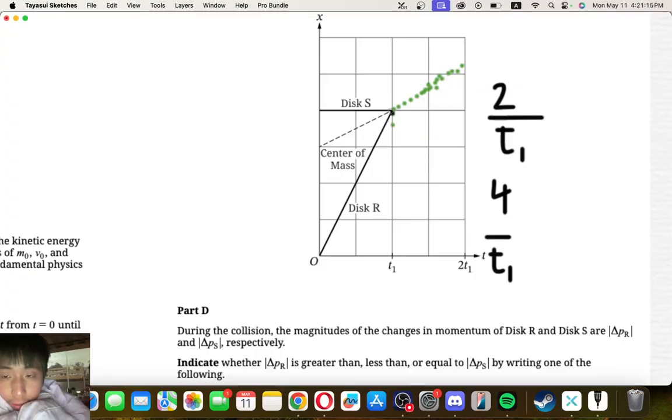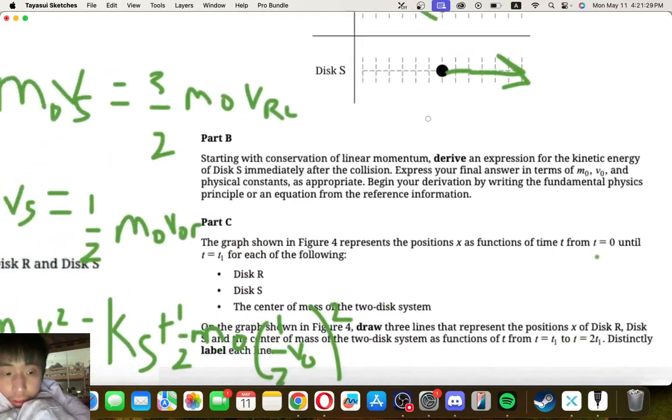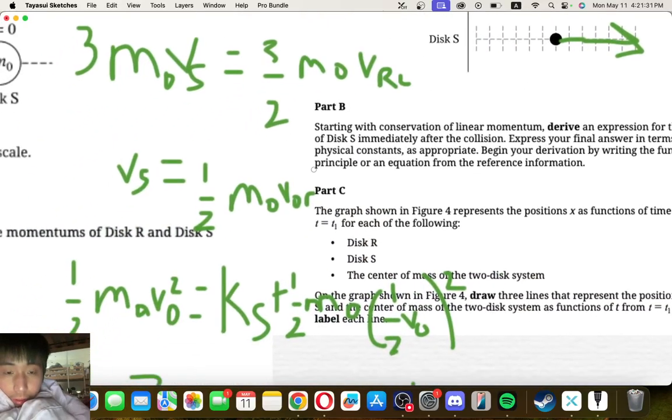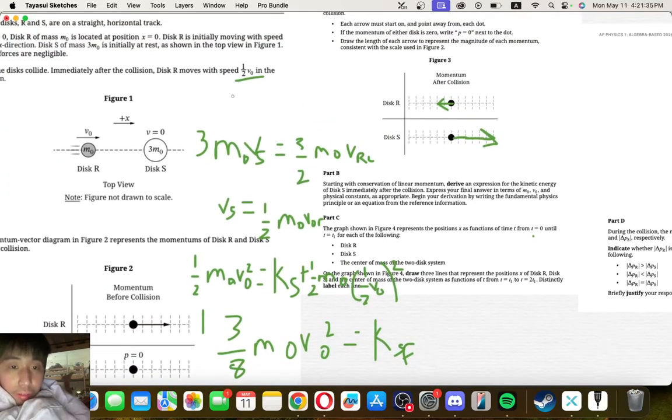Oh, shoot. I can't draw lines anymore. Okay. And we know now that VS, let me see, actually, I want to have VO.